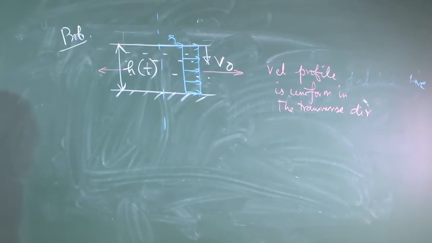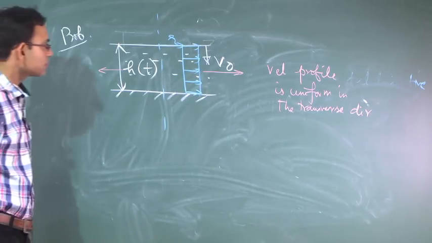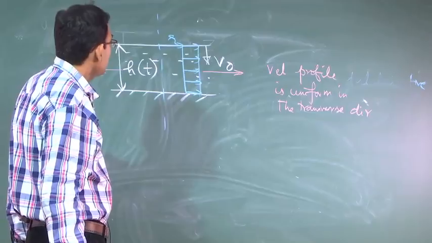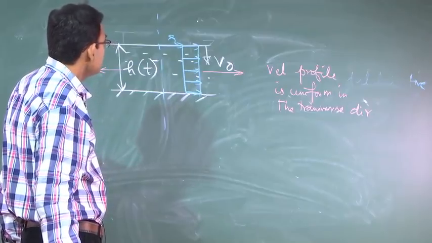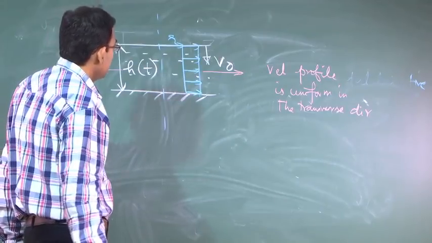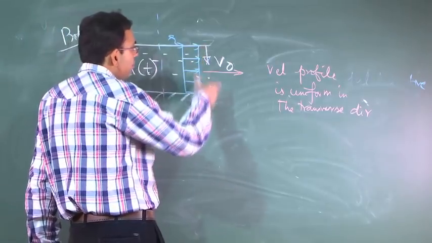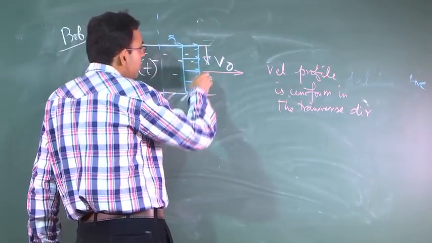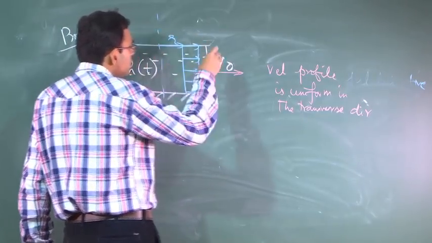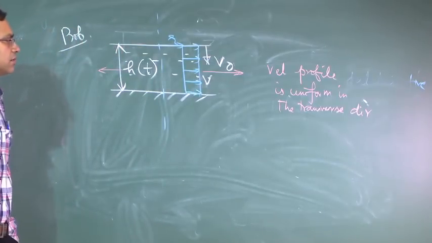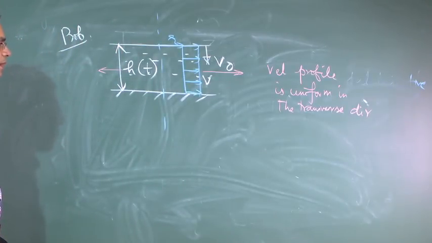So, you can write a simple mass balance to describe this velocity as a function of radius and time.